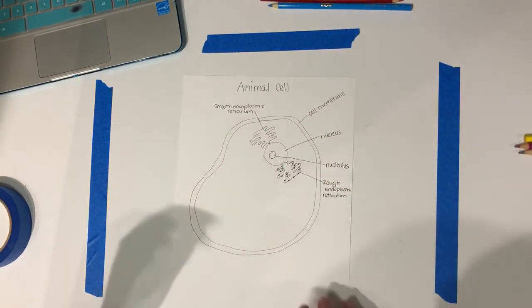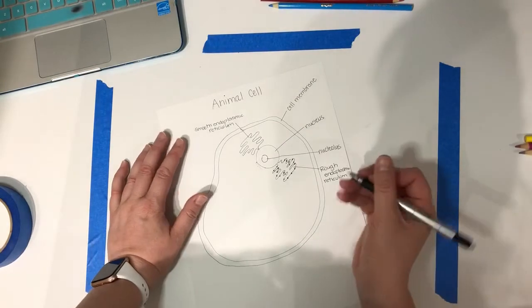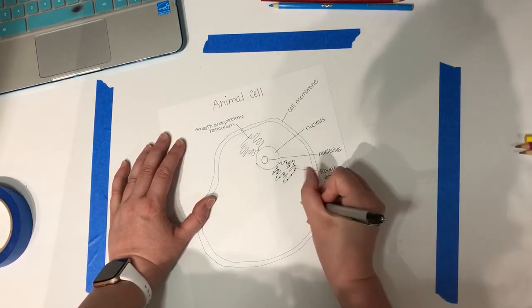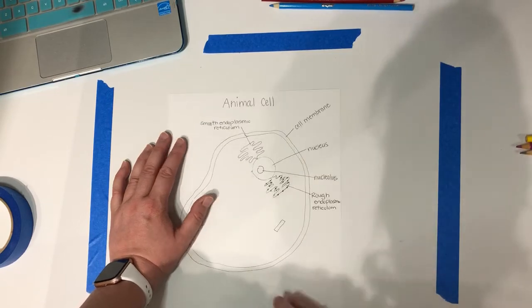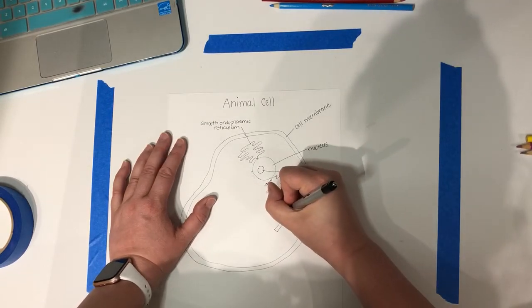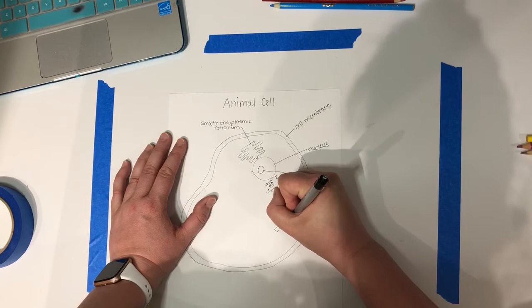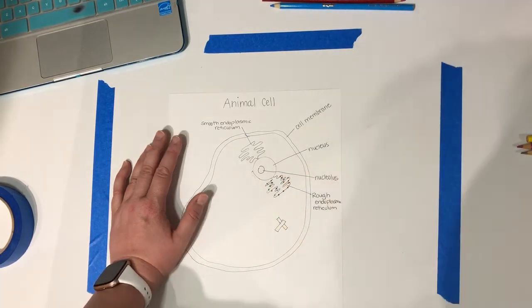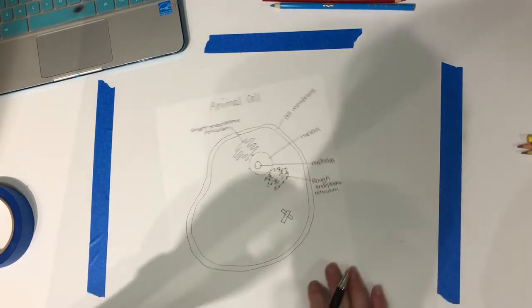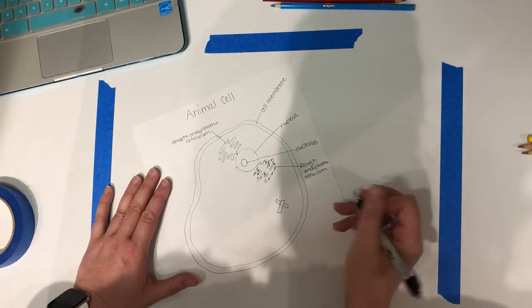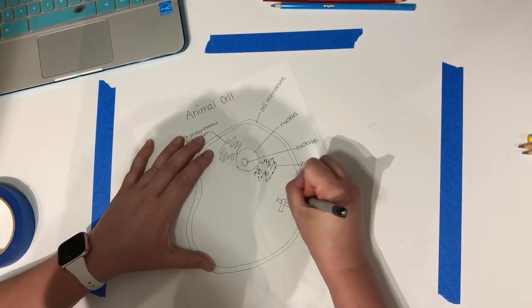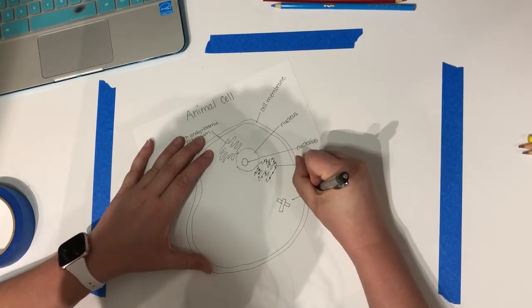And then we need centrioles. For those, we're going to draw just a little rectangle, and then another rectangle, just crossing behind it. They're actually cylinder-like, but this will work. We're trying to keep it simple.